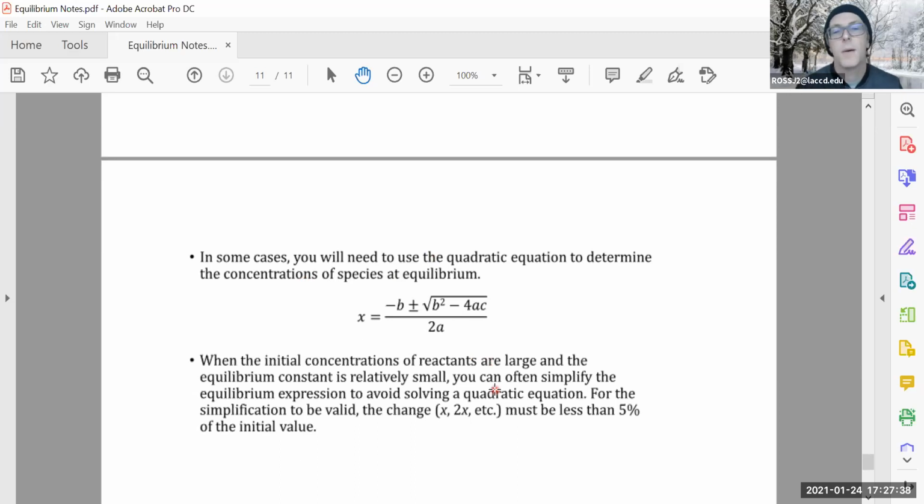And again, I will give you some examples of using ICE tables and using the quadratic equation in subsequent equilibrium videos. Will we always have to use the quadratic equation in equilibrium videos? Nope. There's essentially going to be a hierarchy of what I would suggest that you try. I would recommend using the quadratic not as a last resort, but as one of your latter resources.